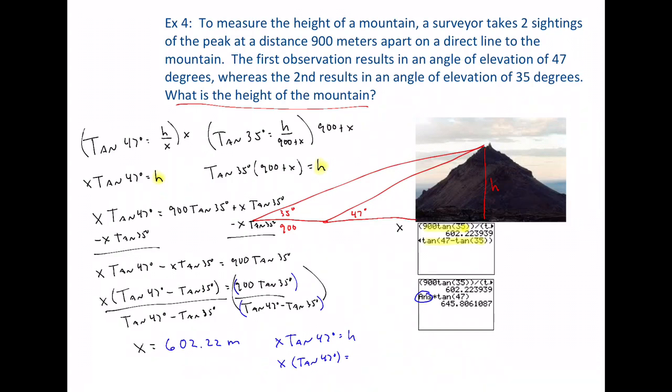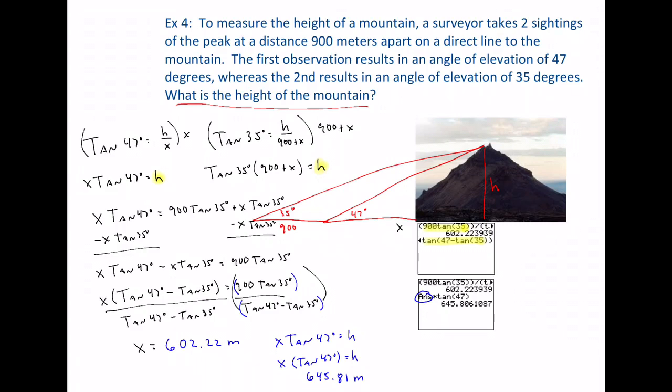There's the button on the calculator that you press second, and then the negative sign on the graphing calculator. So second answer, and it'll take that entire quantity and not just the approximation. It'll take the entire quantity and times it by tangent of 47 degrees, and we get a height of 645.81 meters for the height of the mountain.